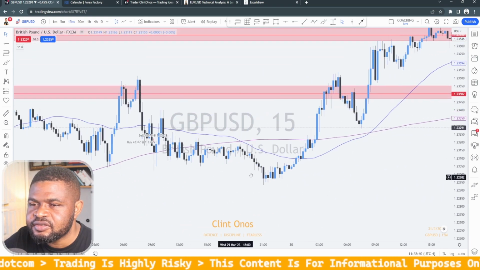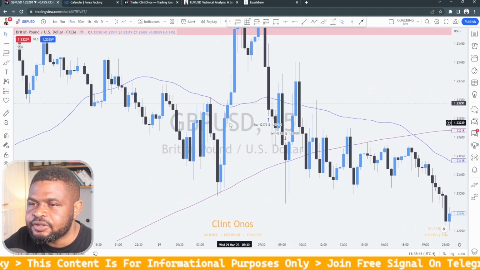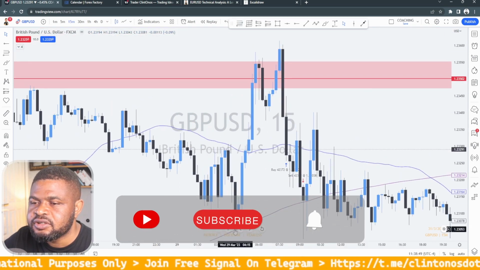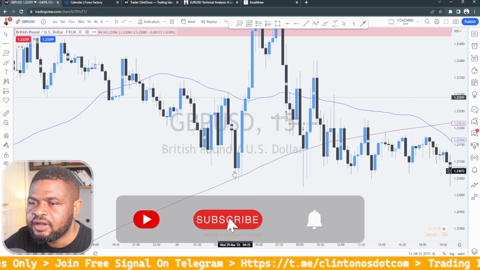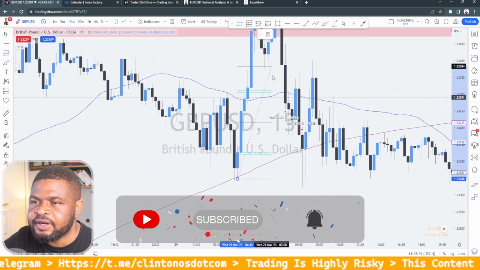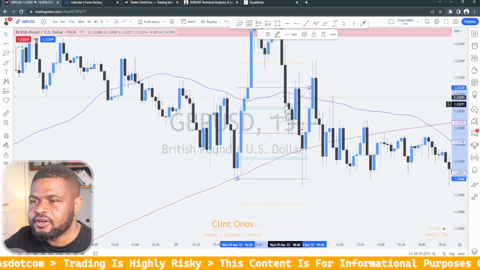Look at the execution right there now. I bought here, right? Because my entry is always the same. Every time I see this and I get the confirmation, I enter for the pullback, because you can see clearly here, these are my entries.